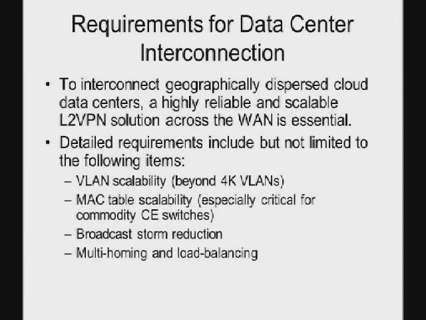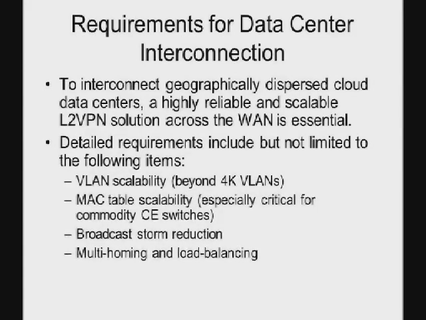Most layer 3 VPN solutions are using the MAC and map and encap scheme. So the core router, or the P router's forwarding table is now assigned to the number of the PE routers. So there's no problem for the core routers.